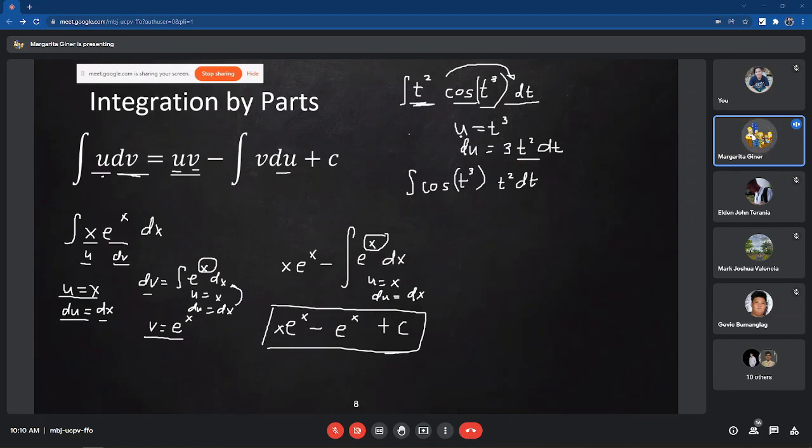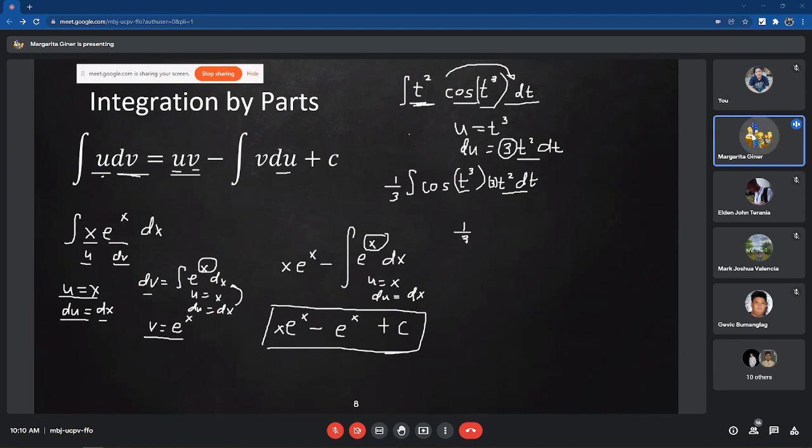Meaning to say, your u is t cubed and your derivative is 3t squared dt. So, it matches now. But there is a value of 3, so multiply it by 1/3.